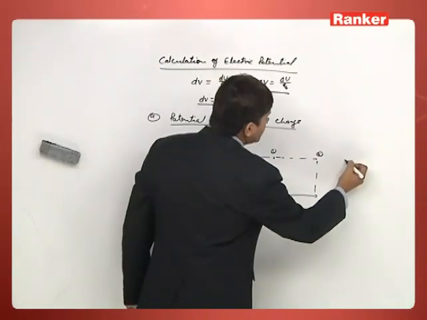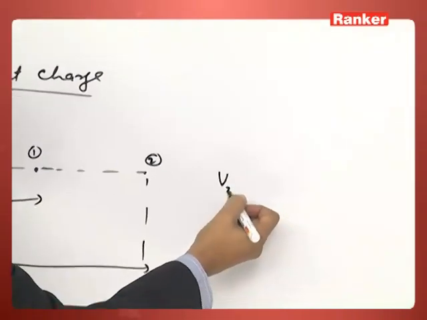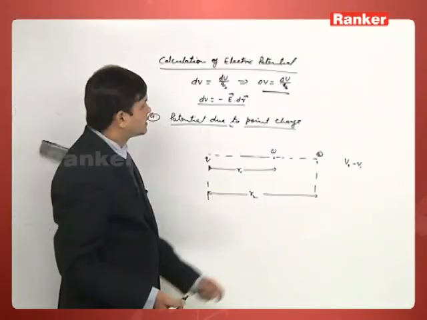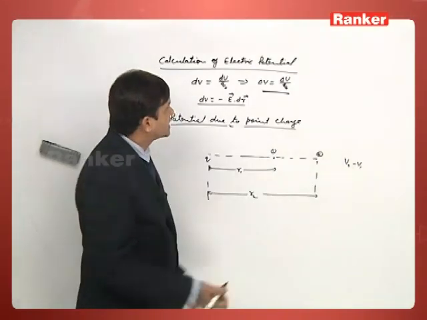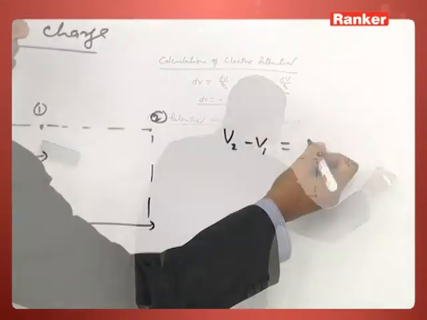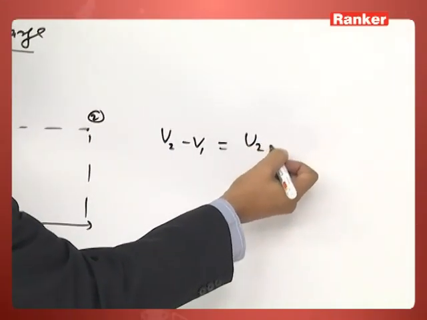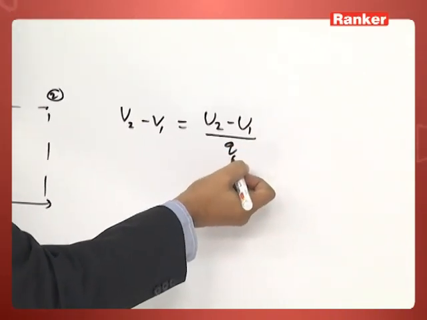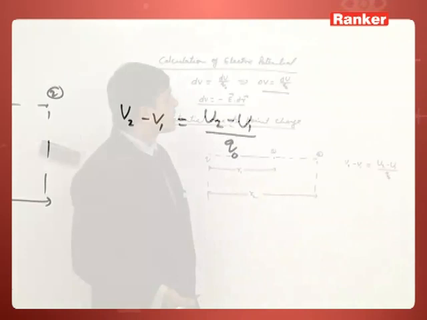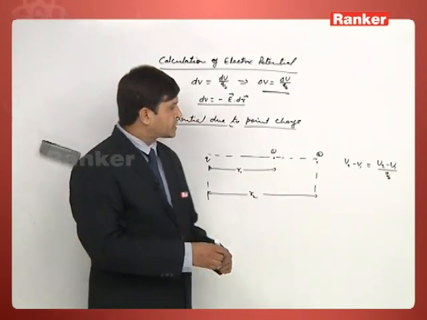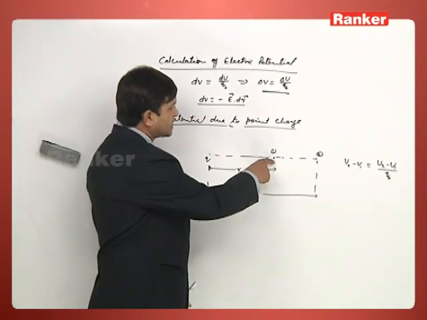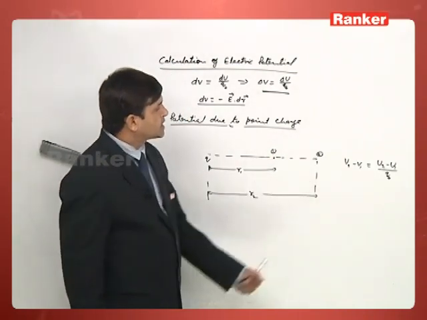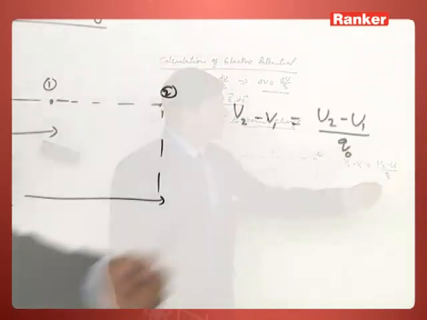It means if we want to calculate the potential difference between points 2 and 1, V2 minus V1 is equal to potential energy at 2 minus potential energy at 1, by Q naught, and Q naught is the test charge. So first I would like to put a test charge at point 1 and then 2, and we will calculate the potential energy at 2 and 1.